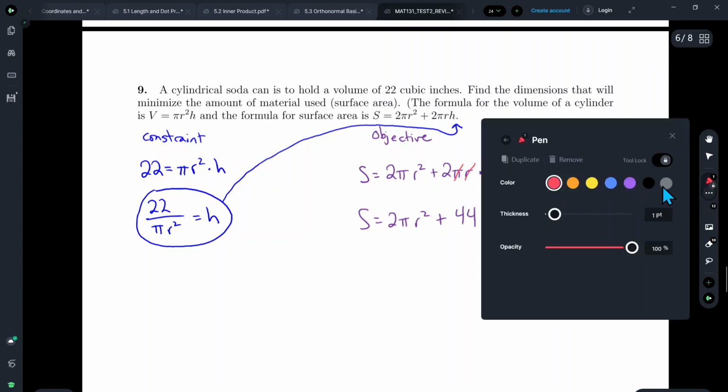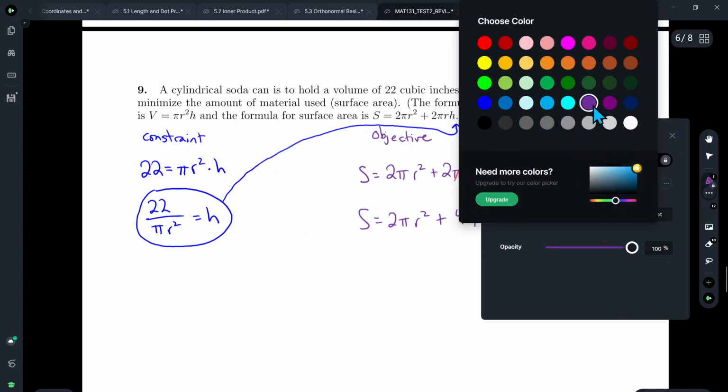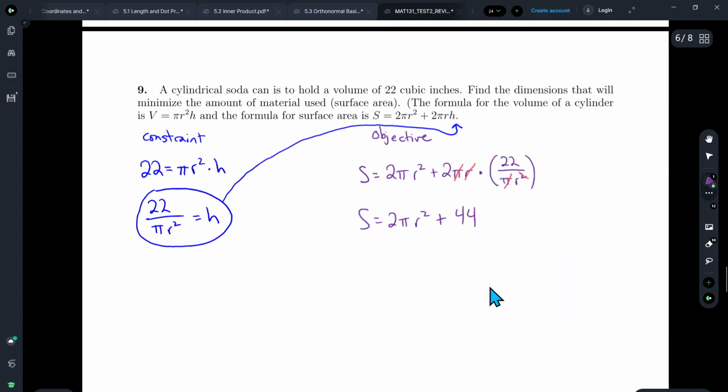So what do we have left over? I've already calculated 2 times 22 is 44, and then I still have an r in the denominator. Okay, so instead of thinking of r as being in the denominator to calculate the derivative more easily, let's just think of this as r to the minus 1 power.